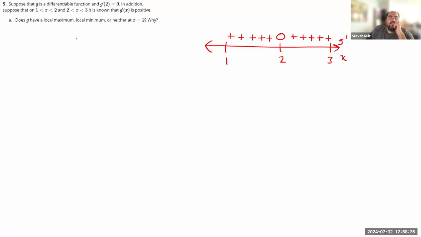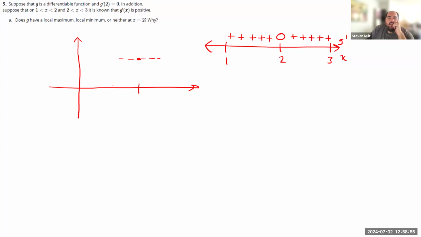So let's draw a portion of a graph. At x equals 2, let's say that my function passes through this point here. At this point, I have a horizontal tangent, so my graph is going to flatten out there.